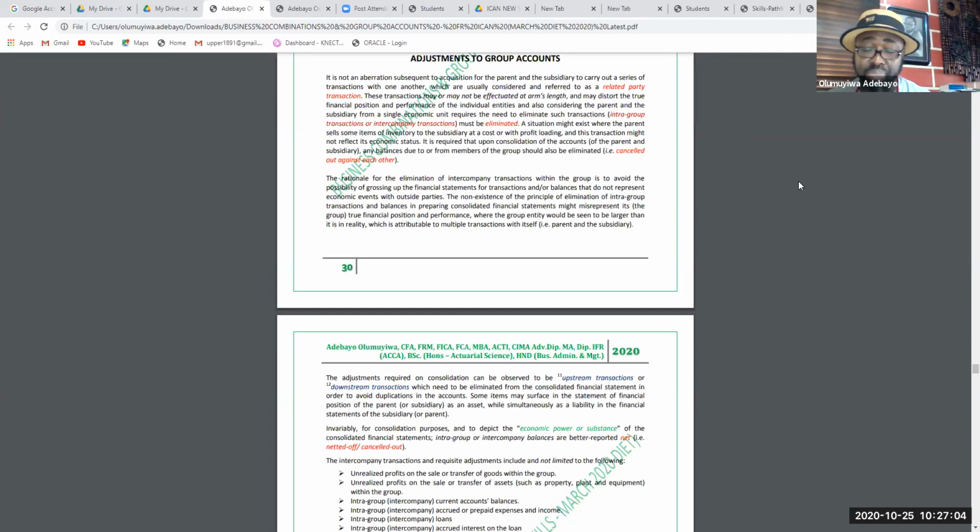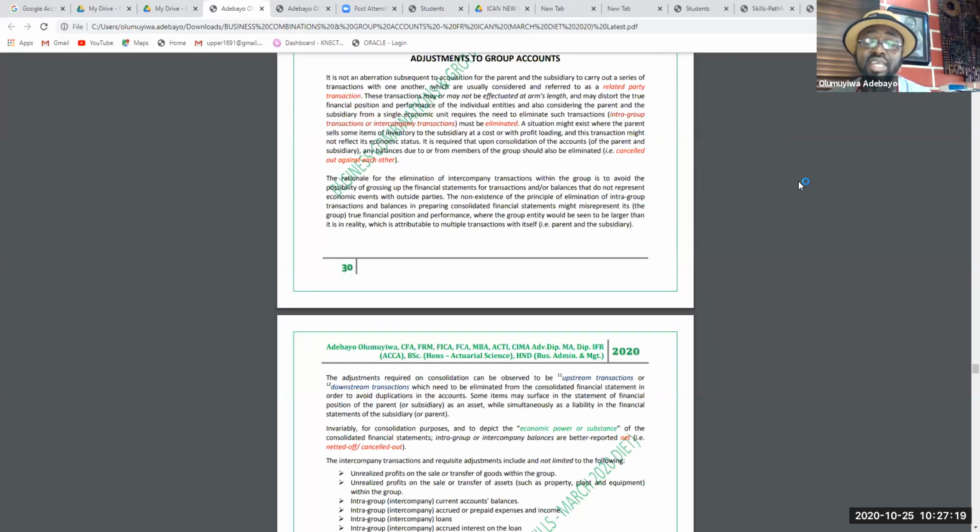Now, if the profit you are talking about is as a result of transaction that eventually has exited the company or the group to external party, therefore we say such profit has been realized.